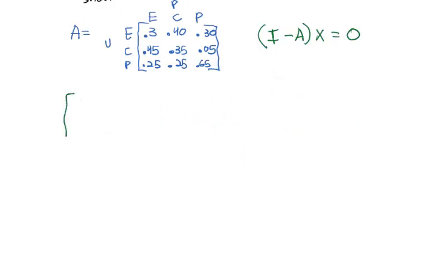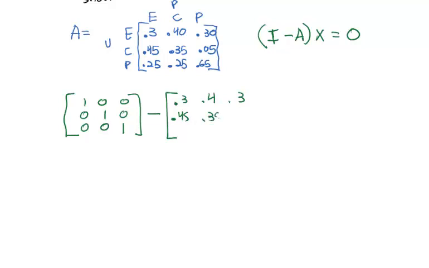The identity is 1, 0, 0, 0, 1, 0, 0, 0, 1, minus the A matrix, which is 0.3, 0.4, 0.3, 0.45, 0.35, 0.05, 0.25, 0.25, 0.65. So this is the parentheses I minus A.